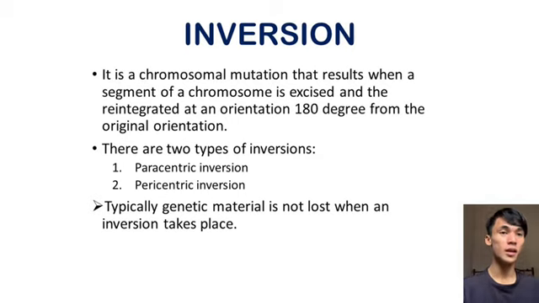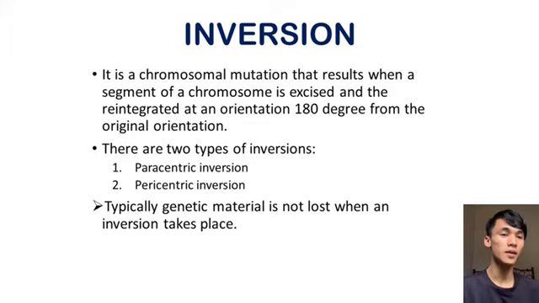Inversion. It is a chromosomal mutation that results when a segment of a chromosome is excised and reintegrated at an orientation 180 degrees from the original orientation. There are 2 types of inversion. 1. Paracentric inversion. 2. Pericentric inversion.